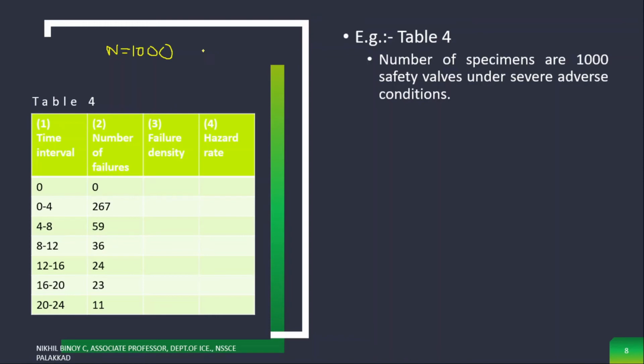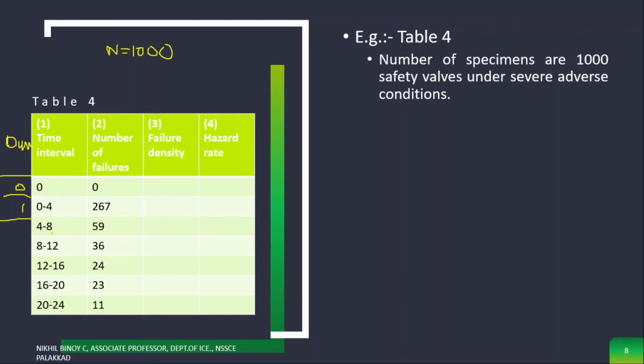So now here we have to draw one more column on the left side, that is duration. So duration means this is the 0th duration. The 0 to 4 time interval is the first duration.